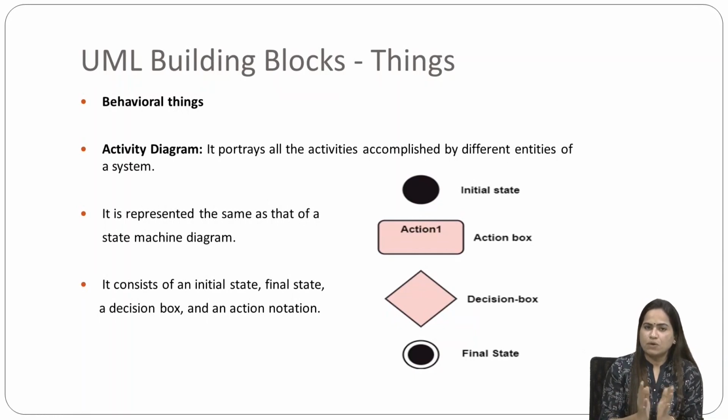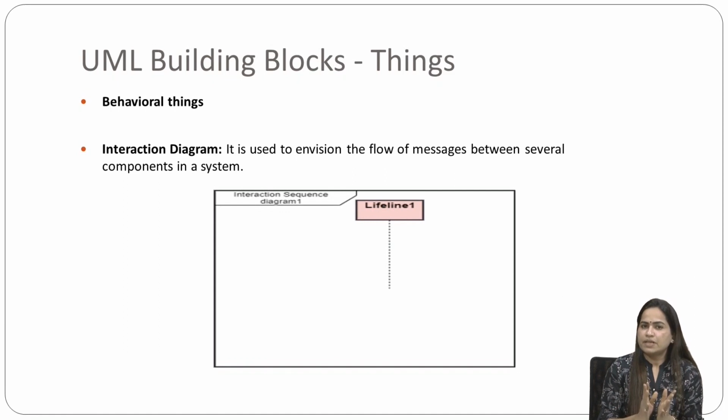It portrays all the activities accomplished by different entities of a system. Then after we have interaction diagram. It is used to envision the flow of messages between several components in a system. It shows how different components interact with each other.